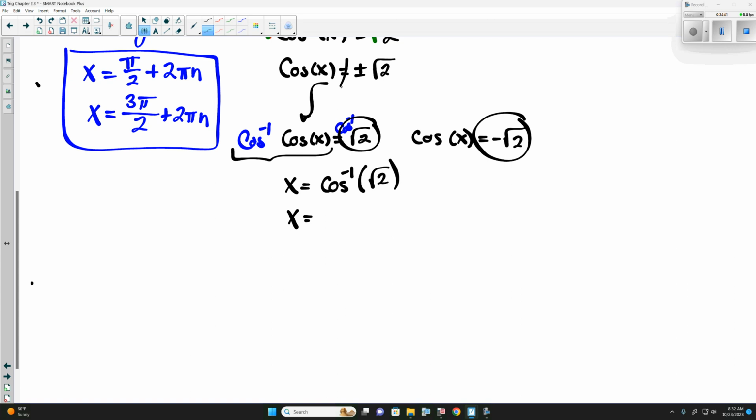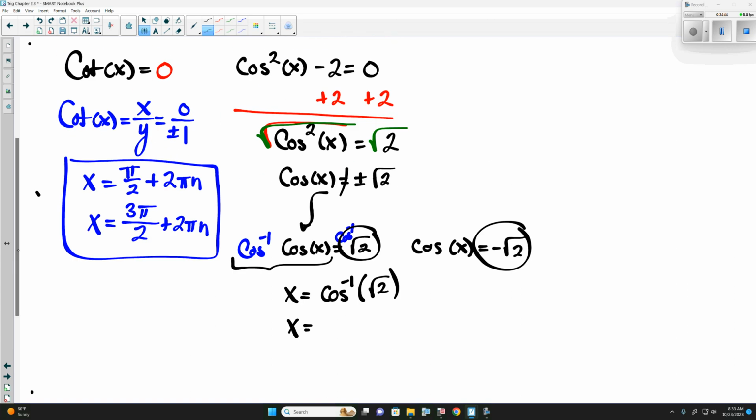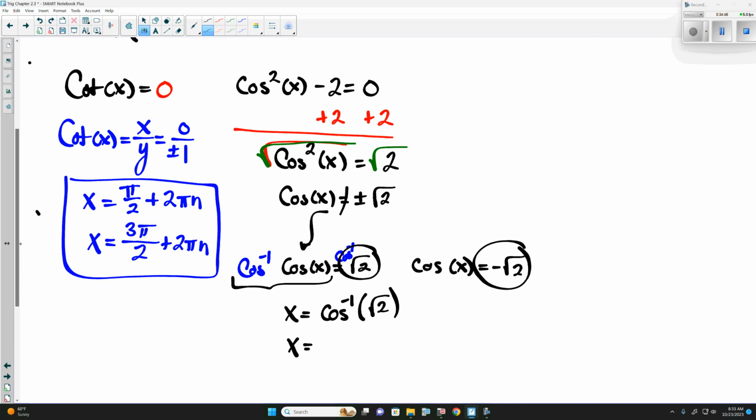There's no way to get cosine squared of x minus 2 to be 0. Because even if we look at this here, the biggest value cosine of x could be is 1 or -1. And even if we square it, 1 squared is still 1, -1 squared is +1.